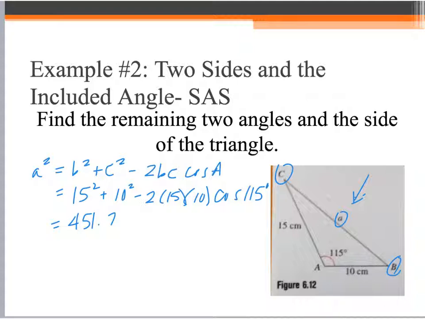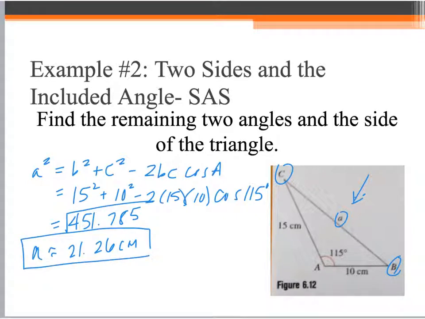However, if I just want to find A, I would have to take the square root of that. So A is about 21.26 centimeters. So 21.26.